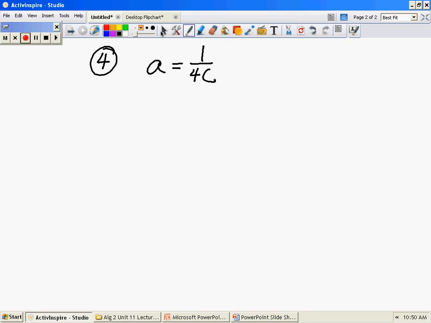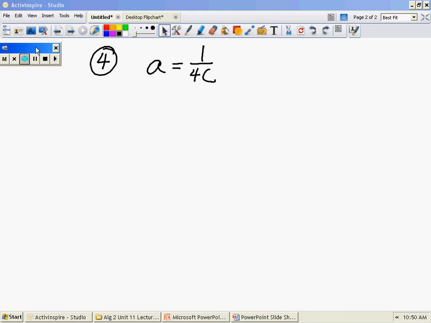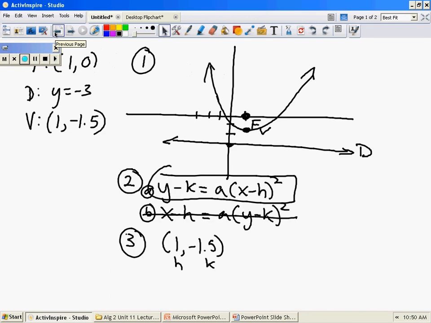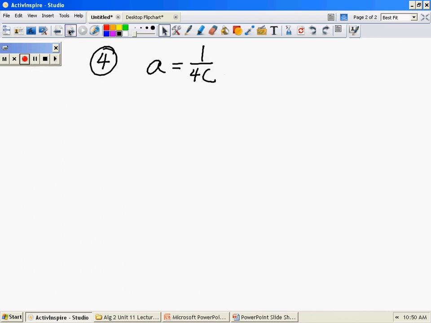So let's go back here and take a look at our graph. Starting from the vertex, which way do I have to go to get to my focus? Up. So I know that c is going to be positive when I plug it in because upwards is a positive value. But just how far up do I go? 1.5. So c equals positive 1.5, right?